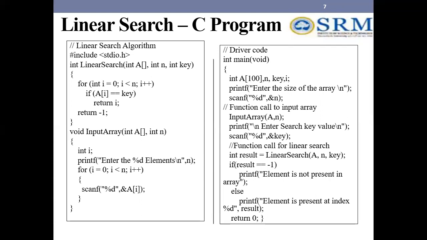So whatever it may be, the index or the minus 1, the value the function returns will be stored in the variable result. Again, we are comparing the result value. If result is equal to minus 1, the search key k is not present in the array. Else, the value is present at the location result.